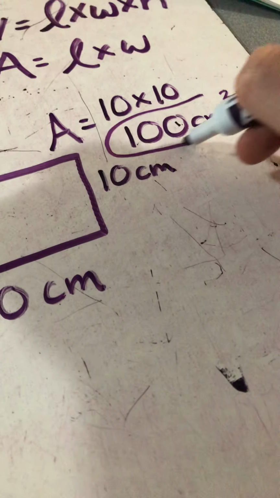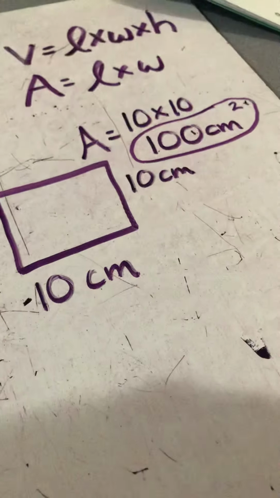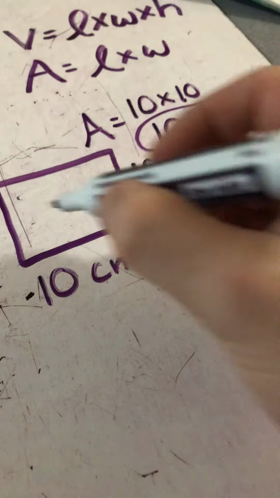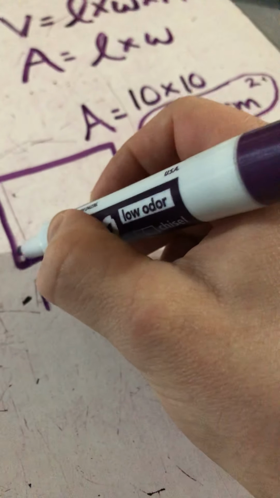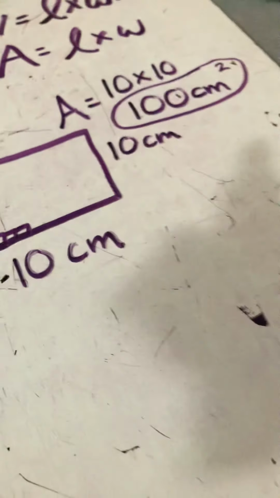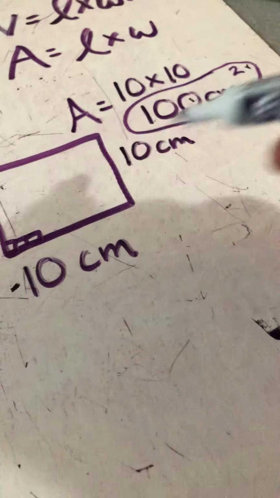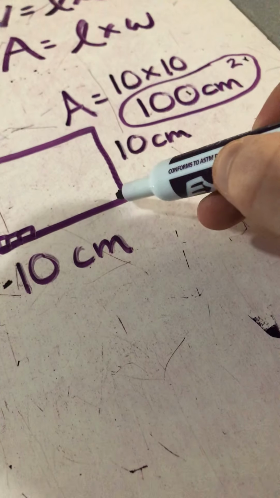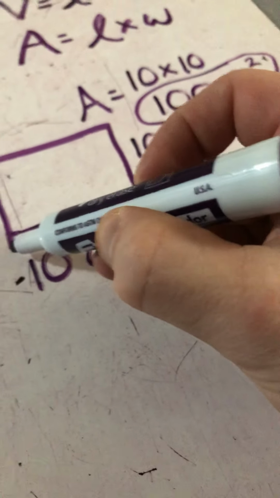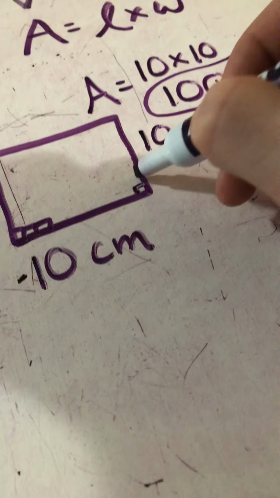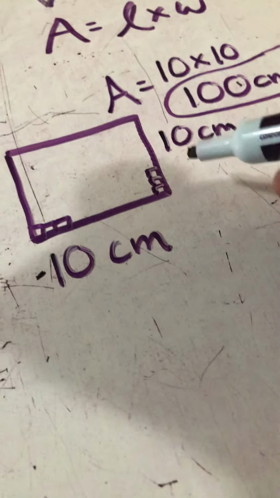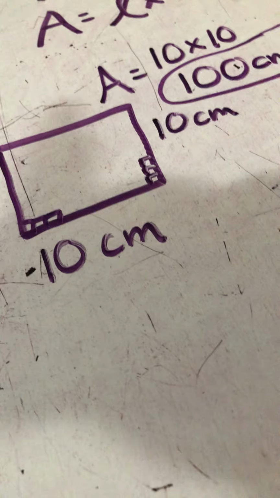That tells me it is 100 centimeters squared. That means you could fit 100 squares inside this big square. You have 10 squares going this way, all with a length of 1 centimeter, and 10 going up, all 1 centimeter in width.